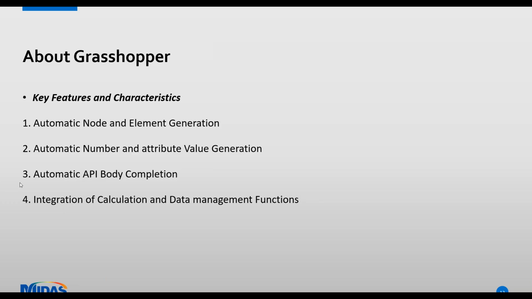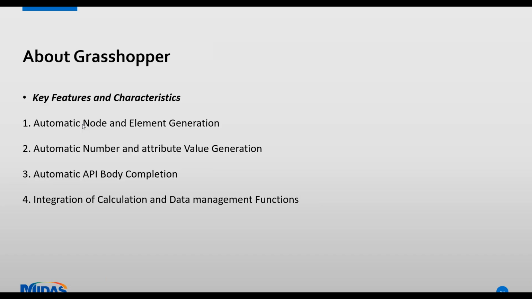These are the major functions where Grasshopper is useful. Automatic node and element generation means, suppose we have already created some structure in MIDAS Civil NX and want to customize it. Suppose it is a straight alignment and I want to convert it into a curve, that can be done easily using this integration.